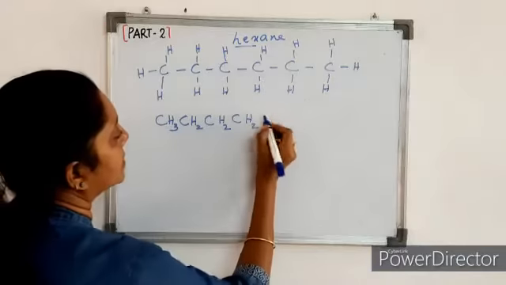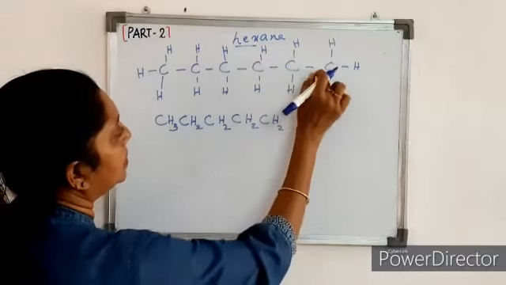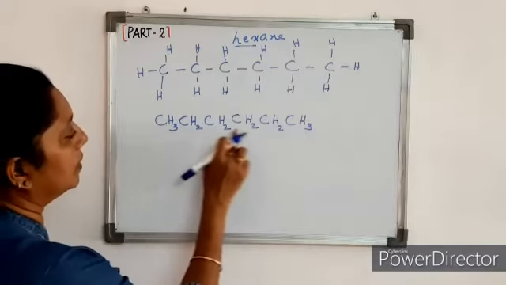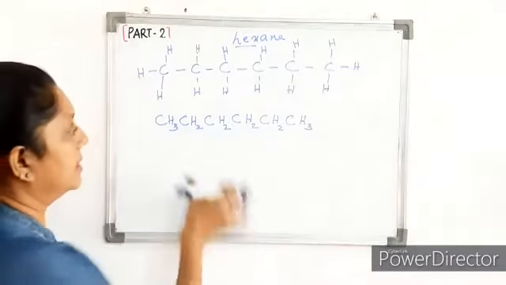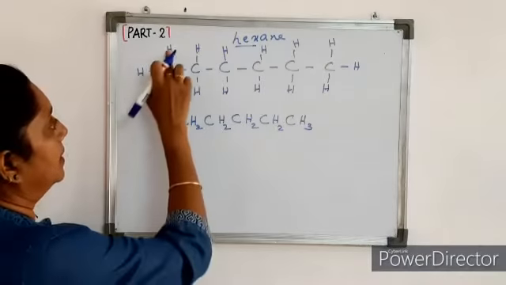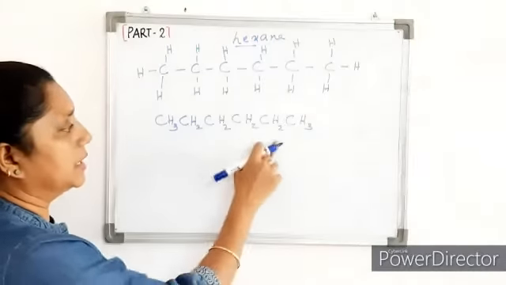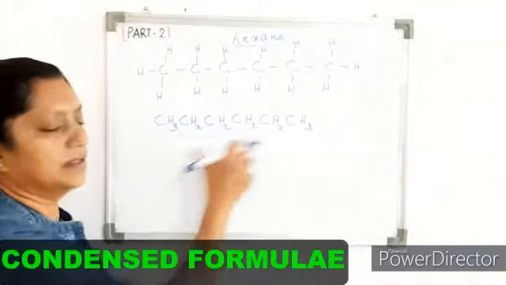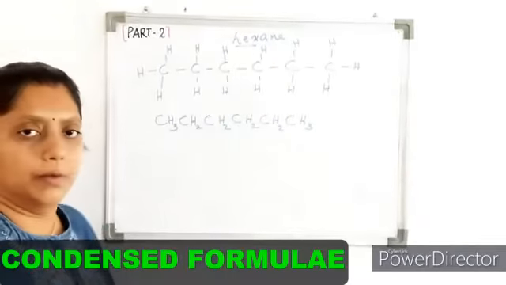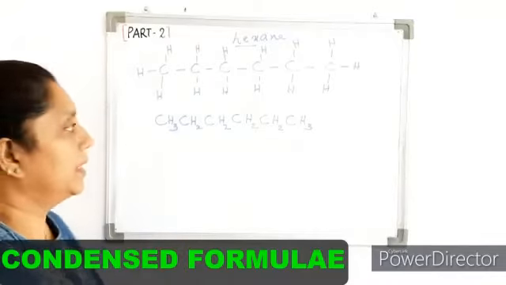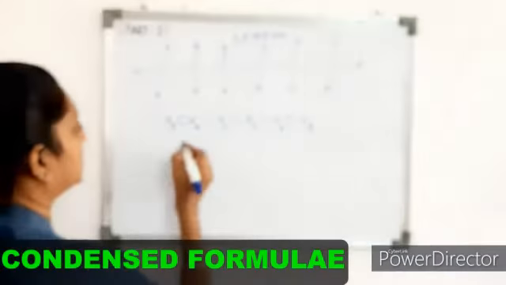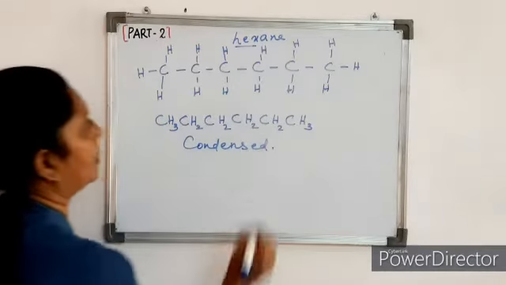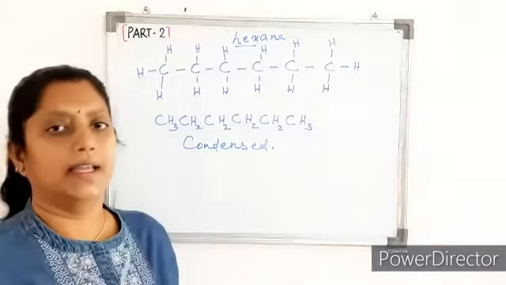CH2, again this carbon atom, CH2, last carbon atom CH3. 1, 2, 3, 4, 5 and 6. 6 carbon atoms, and we write the number of hydrogen atoms attached to each carbon atom. This is called the condensed form of the structural formula. Condensed structure. Okay. In this way we can write the structure of any alkane.